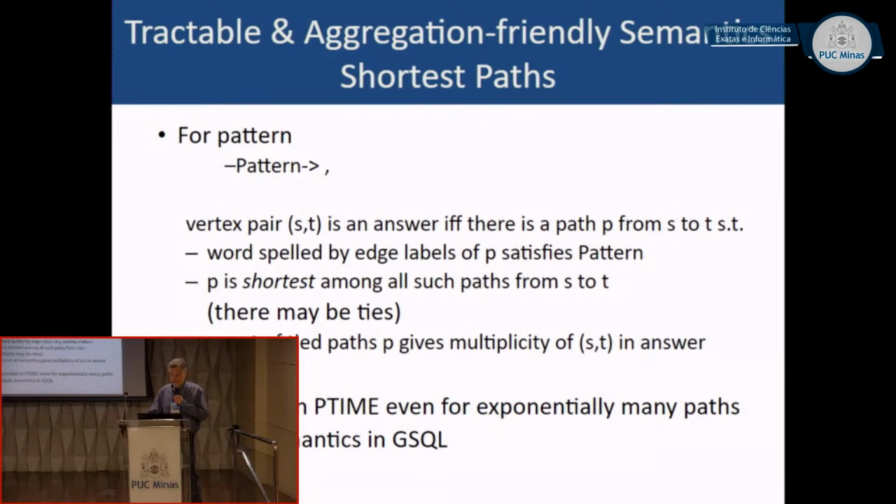So if I have a pattern, then I'm going to say that the pair of source target vertices is in the answer of matching this pattern if there is a path connecting them, the edges on the path spell a word that satisfies the pattern, as we used to have in semi-structured data cases. But the path is the shortest among all such paths. And of course, there could be ties, in which case I want all these paths. Still, there will be only finitely many of them, and I will count them.